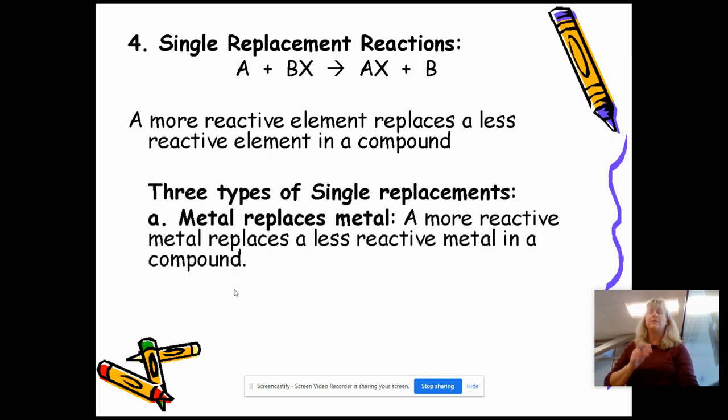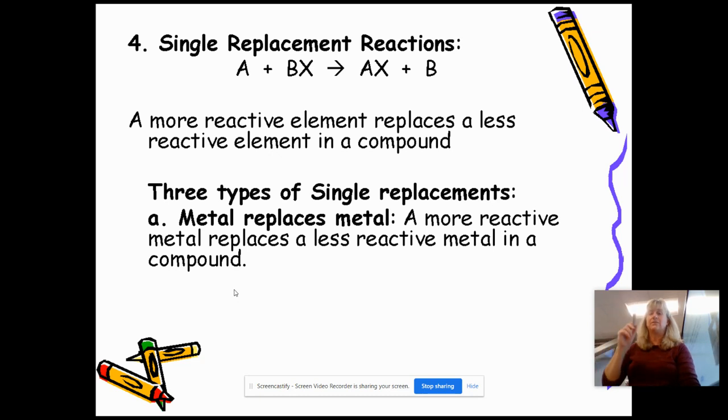So in the first type, metal can replace metal if the metal is more reactive. So I have a separate paper that we'll look at in a second that is called the activity series. And I've put a copy also on here. And the way they're listed, the more reactive the metal is, the higher it is on the chart.